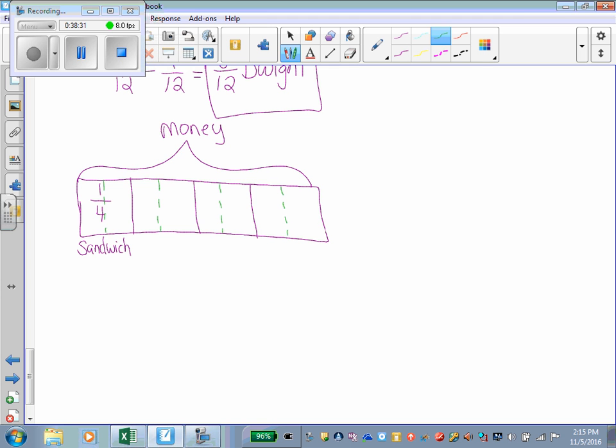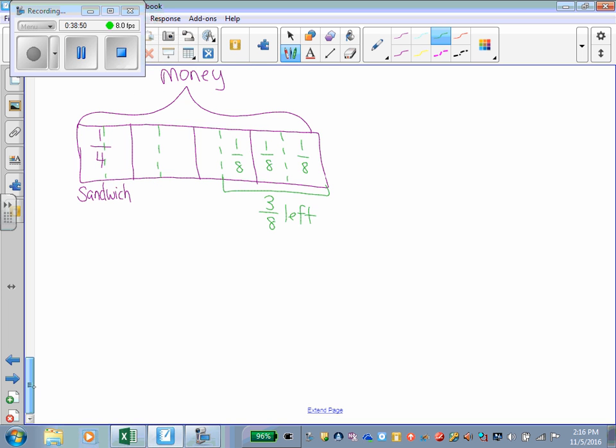So if he has 3/8 of his money left, then this is an eighth, and this is an eighth, and this is an eighth. I can look at that and say, well, that's 3/8, and that's what he has left. So let's do some actual subtracting here.